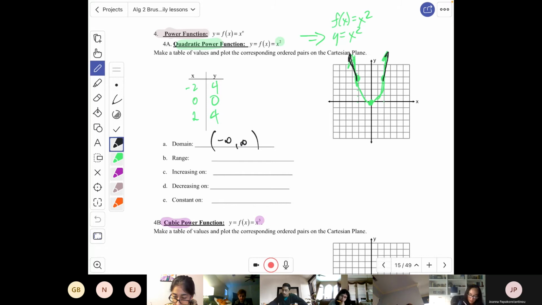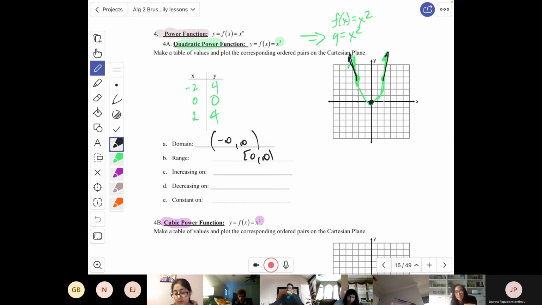Can somebody tell me about the interval for which the range exists for this parent quadratic function? Anybody? Closed bracket 0 to infinity. Excellent. This is the smallest y value, right? y equals 0.